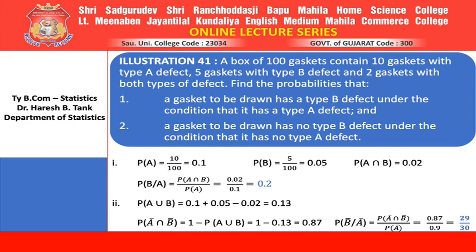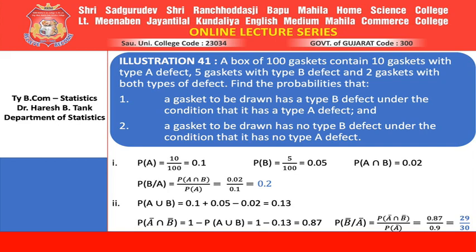Second one, a gasket to be drawn has no type B defect, okay, under the condition that it has no type A defect. So actually the requirement is probability of B complement where it is given that A complement occurred. So by formula it is probability of A complement intersection of B complement divided by probability of A complement, for which we need probability of A complement intersection of B complement.